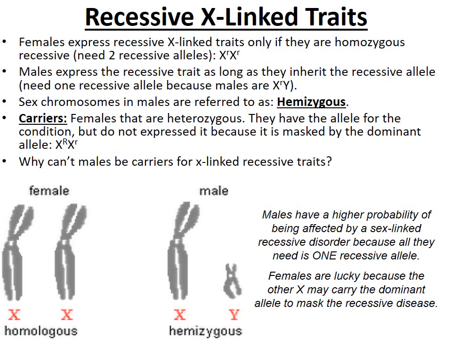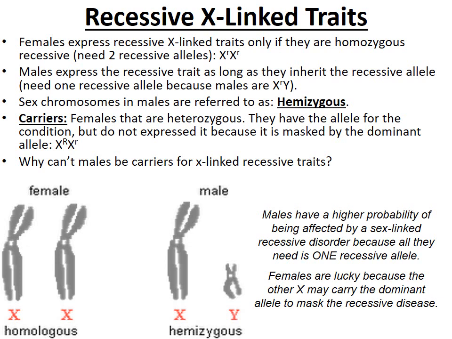So we're going to talk about some traits called recessive X-linked traits. Recessive X-linked traits are traits that are, again, not dominant. They're recessive, so they can be masked by a dominant allele, but they're found on the X chromosome.